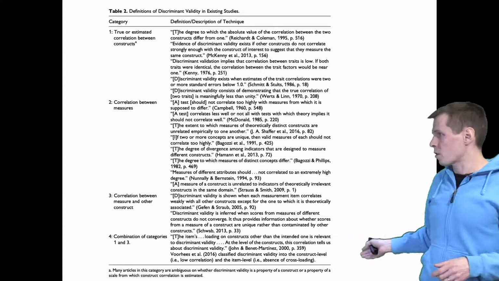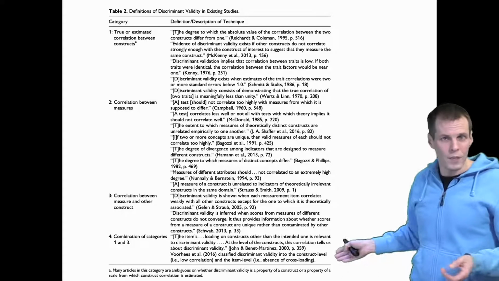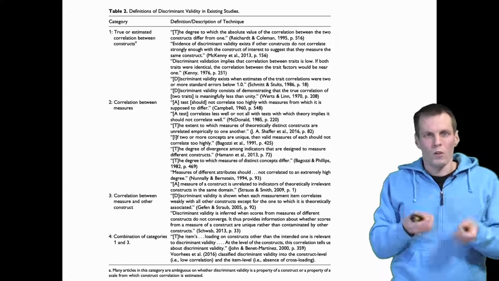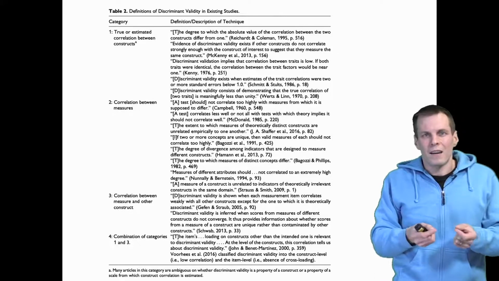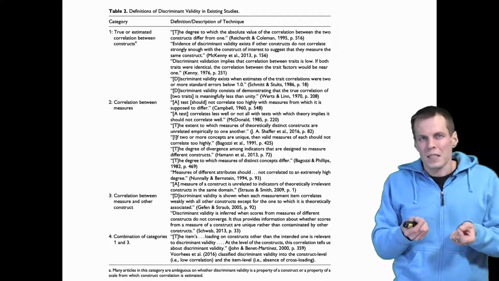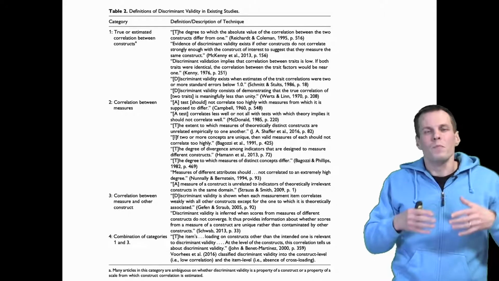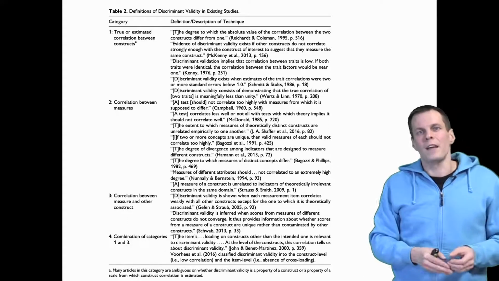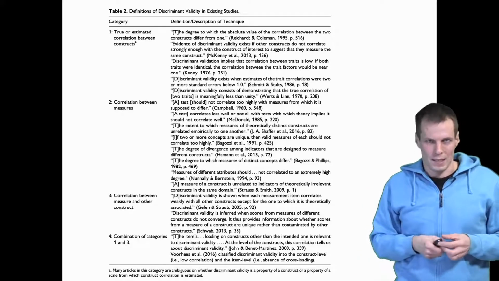And then there's the fourth class, which is a combination of categories 1 and 3. People don't seem to agree on what discriminant validity is about, and I think the reason is that it was originally presented without a definition, and then people tried to come up with different procedures and infer from those procedures what they might actually be able to assess.